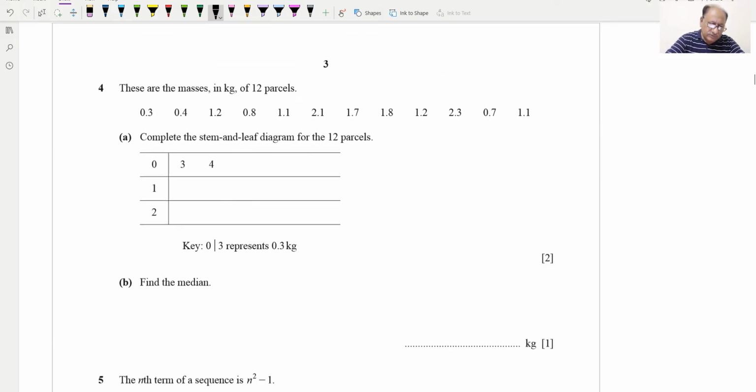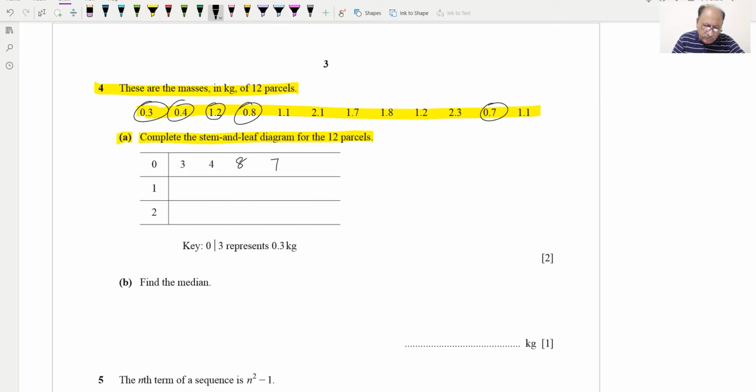Question number 4 says these are the masses in kilograms of 12 parcels. They have provided these numbers for 12 parcels. Complete the stem and leaf diagram for the 12 parcels. So this is 0.3, then 0.4, then we have 0.8, and 0.7 is also there, so we write it here, then 1.2 is this one. 0.3 and 0.4 are already written.